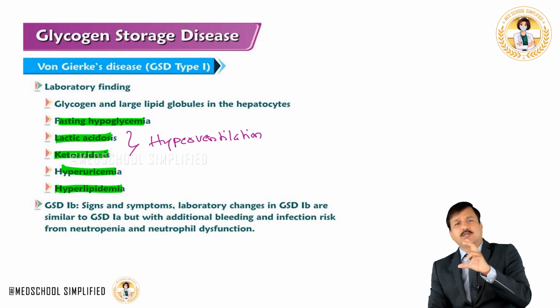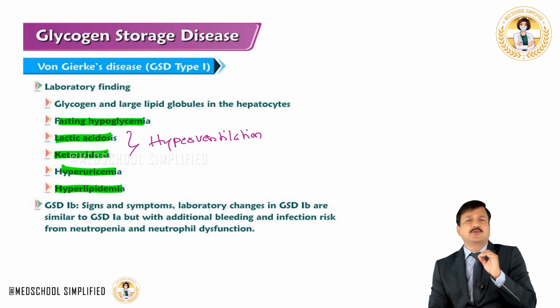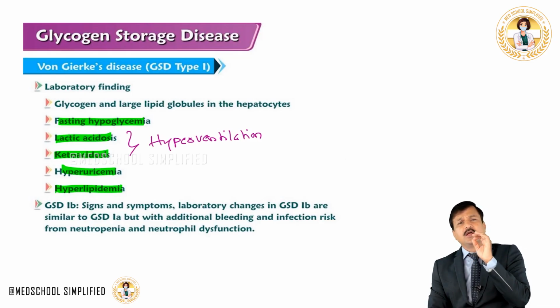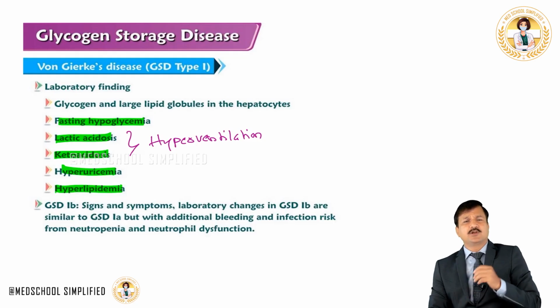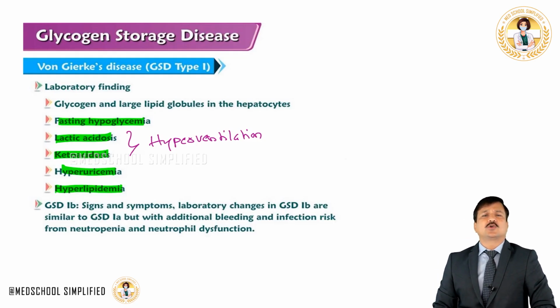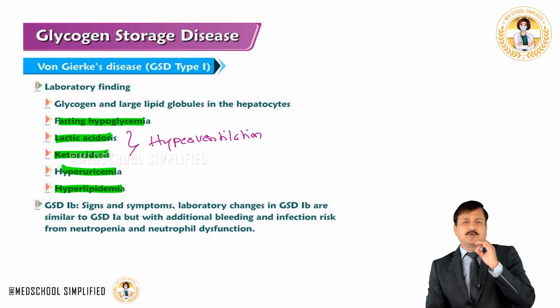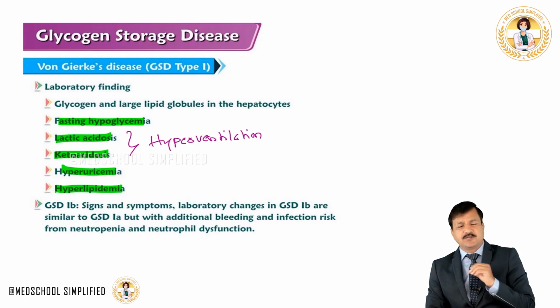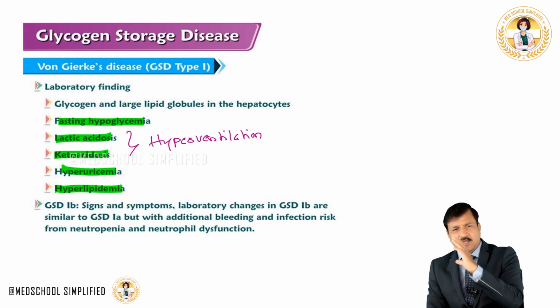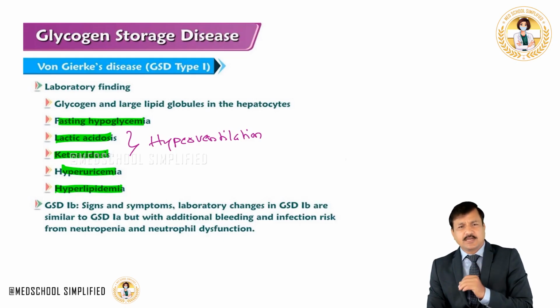Now what about type 1B? Note that type 1B is because of a mutation in a gene coding for T1 transporter, and the T1 transporter is the glucose 6-phosphate transporter present in the endoplasmic reticular membrane. If this particular transporter is defective, it will also give rise to the similar signs and symptoms that I have explained in type 1A disease.